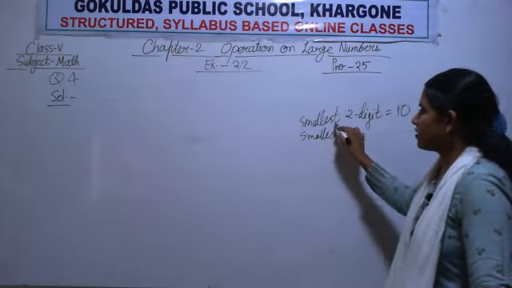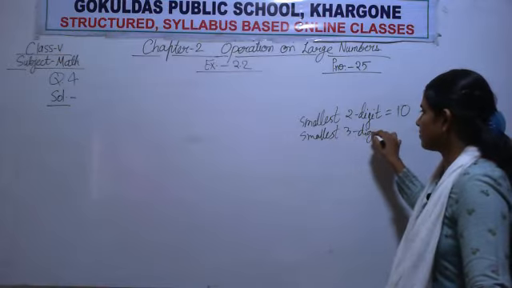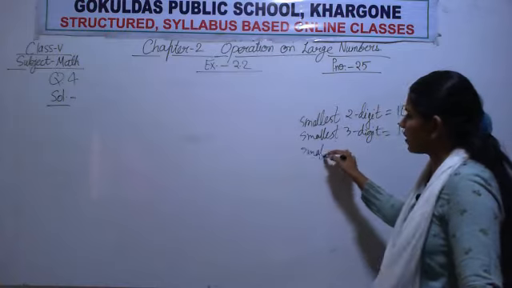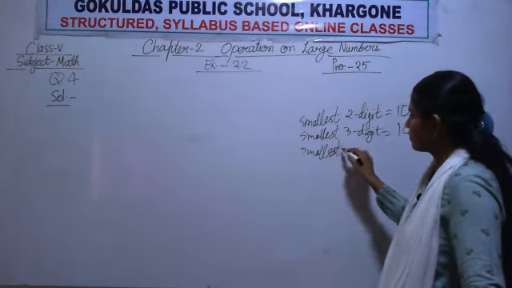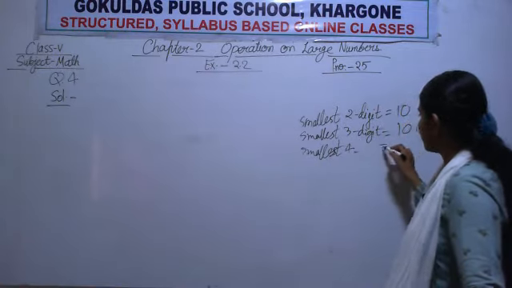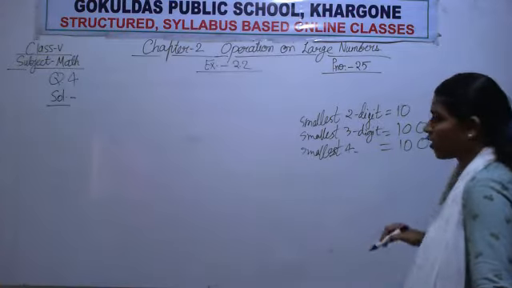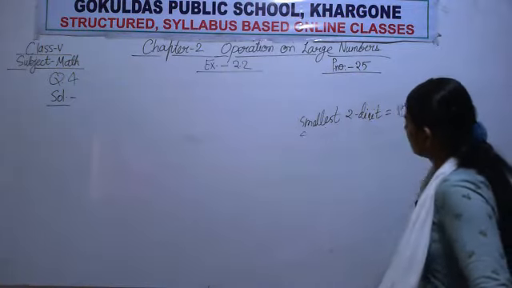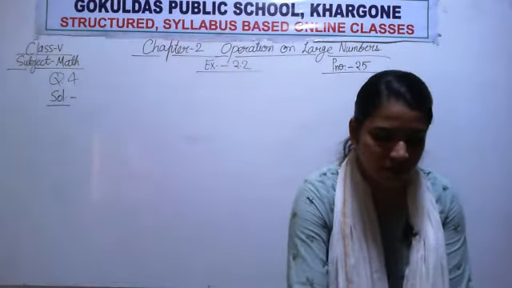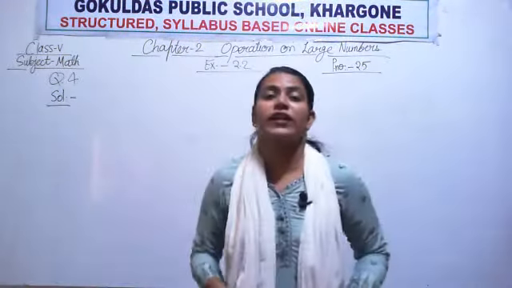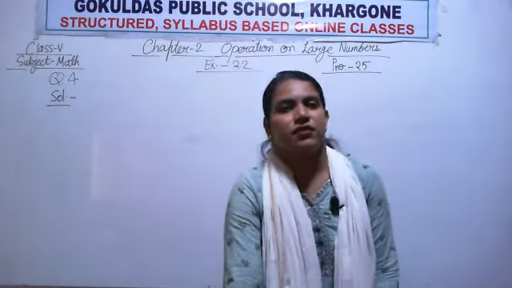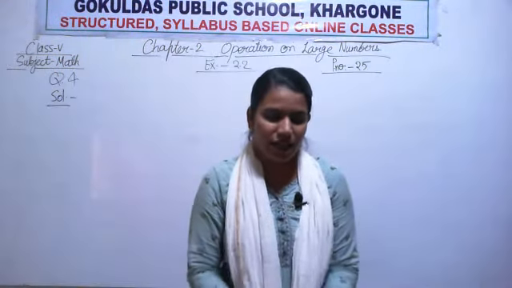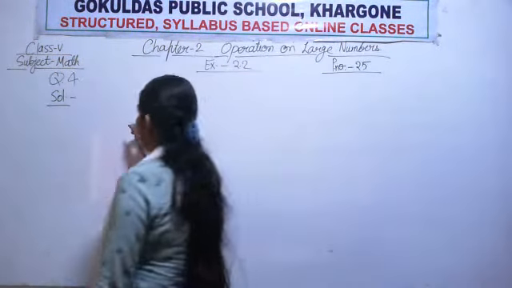Then the smallest 3-digit number is 100. Then the smallest 4-digit number is 1000, right? So now you know both the numbers and you want to find the product. And what is product? Product is the result of multiplication. So it is clear that here you have to perform multiplication.